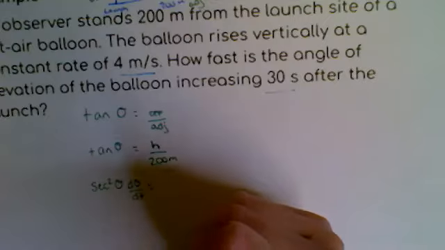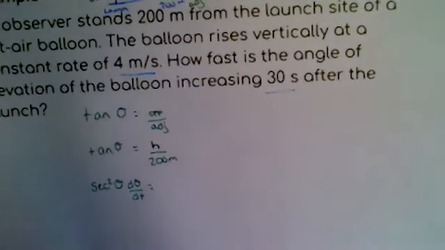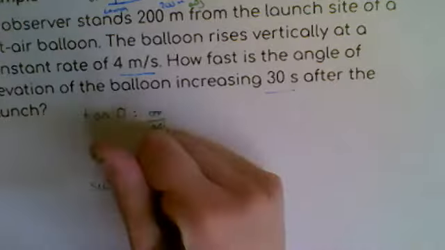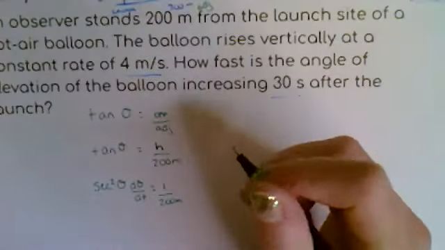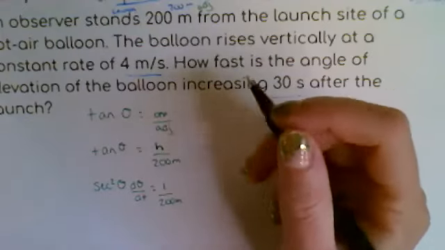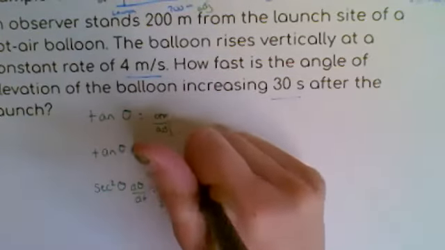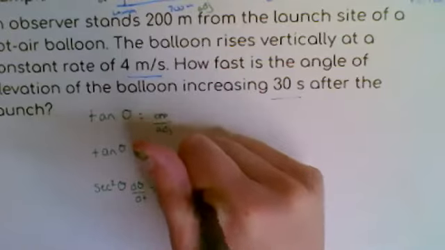And the derivative of my height, since that's just a generic thing like x, is just 1. My 200 meters is a constant in front of that, so that stays the same, and that is the derivative of the height with respect to time.